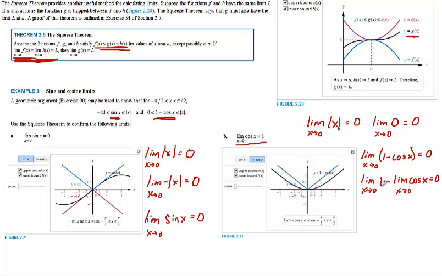Since 1 is a constant function, I know that that answer is always going to be a 1, minus the limit as x goes to 0 of cosine x, which must equal 0, because that was what I proved. Doing a little manipulation, moving this over to the other side, I'll get the limit as x goes to 0 of cosine x is indeed 1. It was not straightforward, but we got there through the back door.